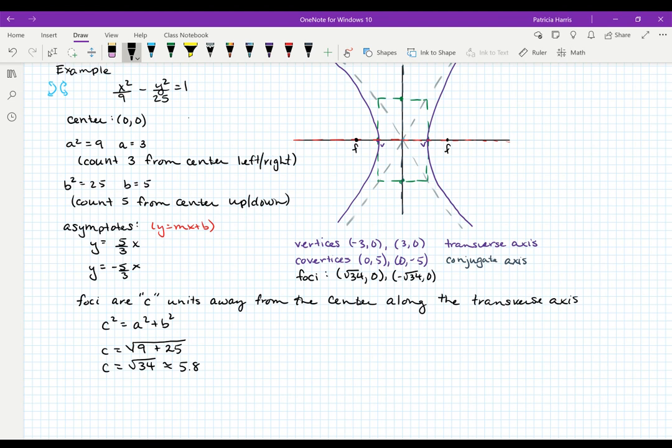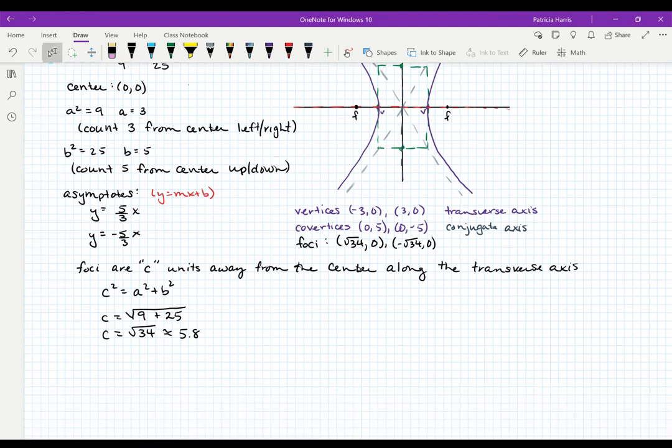Now let's talk about directrices. The directrix is going to be perpendicular to your transverse axis.